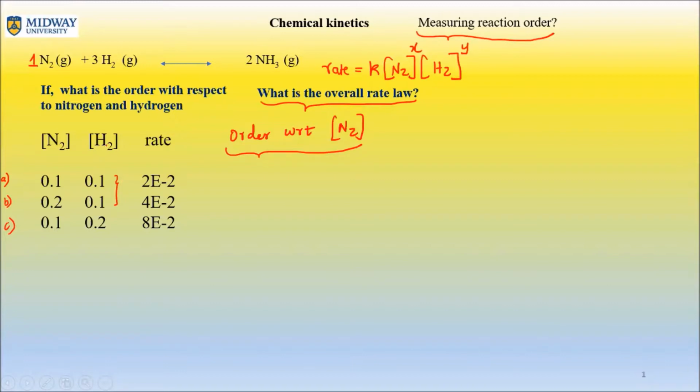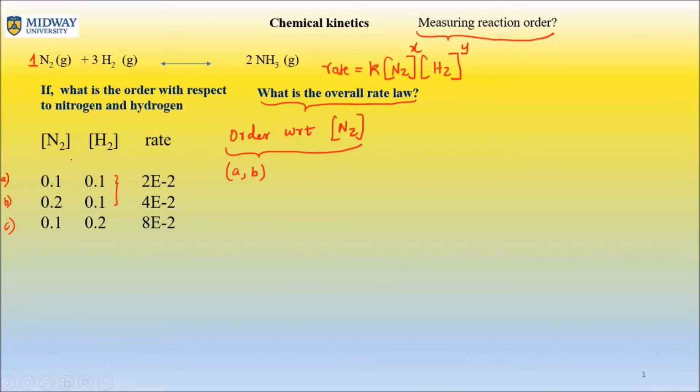And they kept the hydrogen concentration constant in the first two runs and changed only N2. So if you're trying to find the order with respect to N2, or whatever it is that you're trying to find on the exam, you've got to find a run where the other reactant concentration is kept constant. So A and B, that's what I fixed, because H2 is constant.